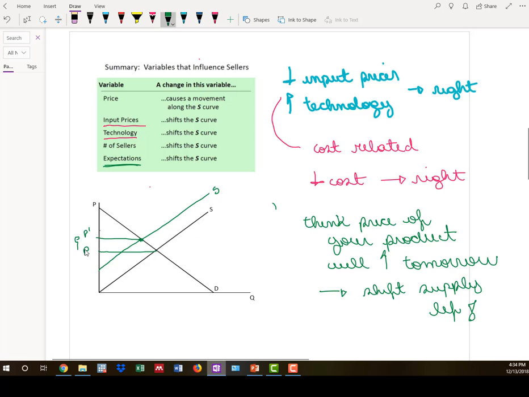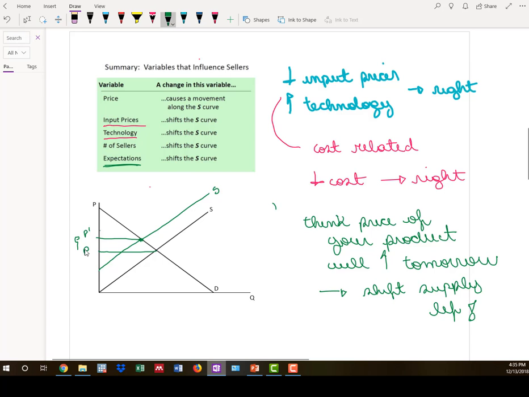If you think that the price of the gasoline will go up tomorrow, you try to save inventories from tomorrow and shift your supply curve to the left. That will increase the prices today. That's why in economics we say that expectations are self-realizing. Because if the whole market, if all the suppliers believe that the price is going to go up tomorrow, the price will go up today. That's the idea.